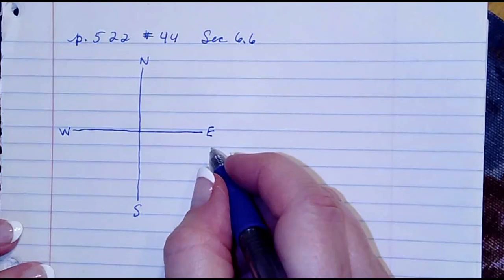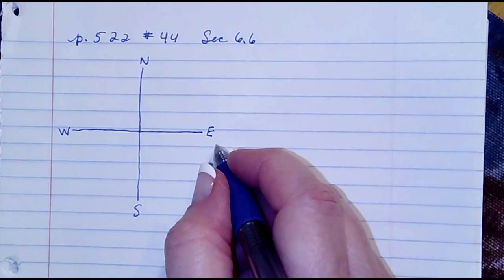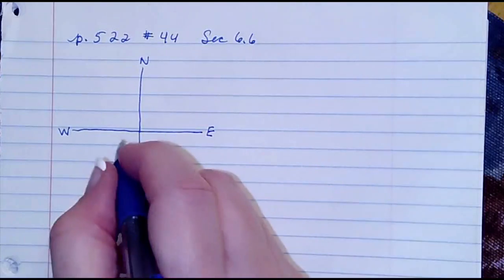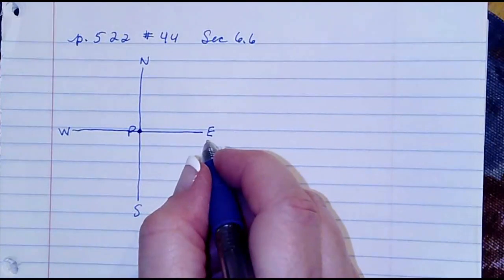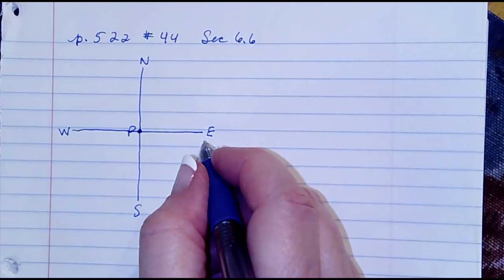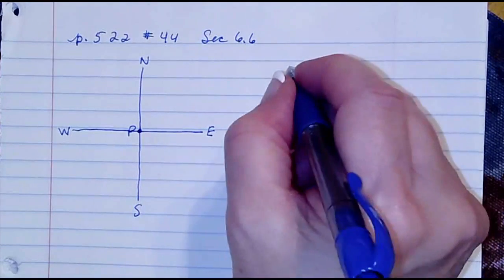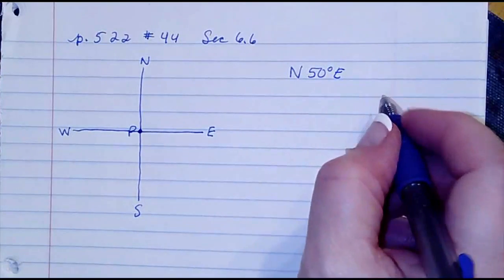All right, so the question says that two boats leave the same port at the same time. So this is going to be our port, so we're going to call that P. So right there would be our P for port. One travels at a speed of 30 miles per hour in the direction north 50 degrees east. So that's a bearing, right?